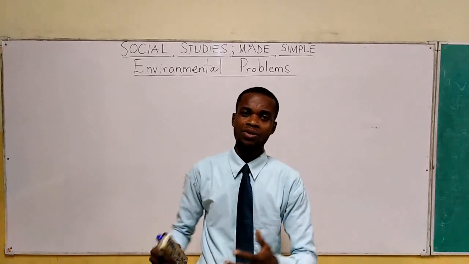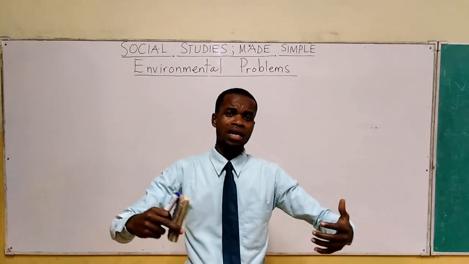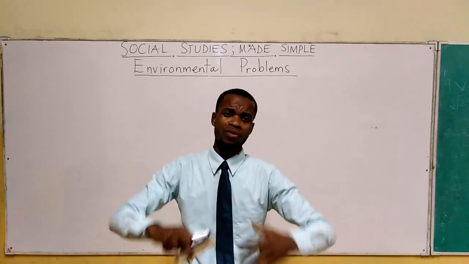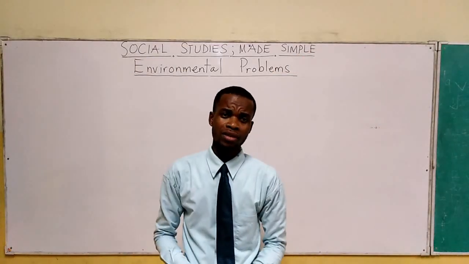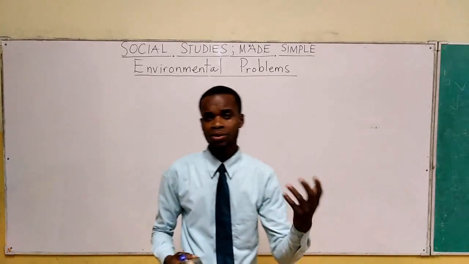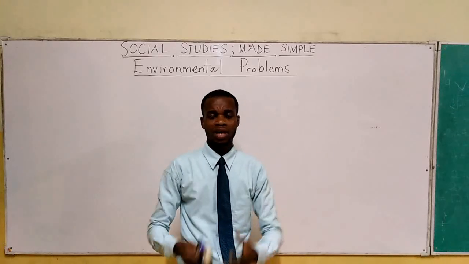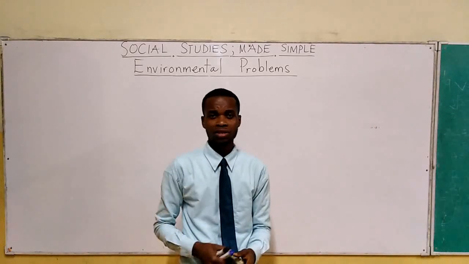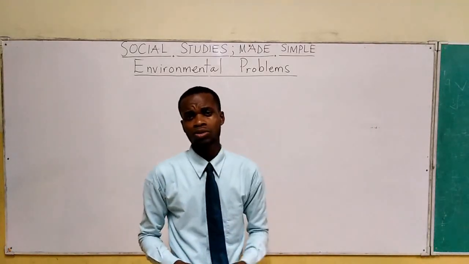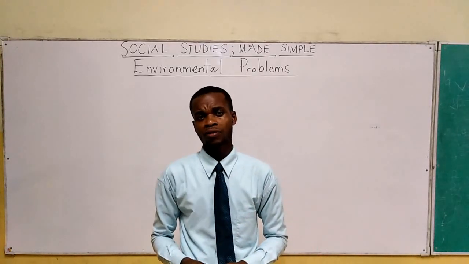And we went further to look at the components of the environment, and we put them under categories that we call classifications. And we saw the biosphere, the lithosphere, the anthrosphere, and the cryosphere. All these are classifications of the Earth. And I am sure you enjoyed that lesson and you were able to make good notes out of that.